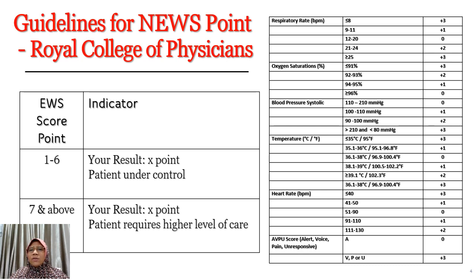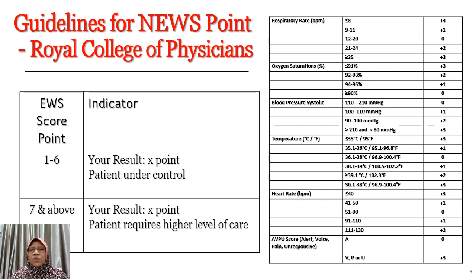So same thing with the oxygen saturation. A score of 0 is for a person having oxygen saturation of more than 96%. If less than that, between 94 to 95, the score will increase to 1. If between 92 to 93%, the score will be plus 2. And if the oxygen saturation is less than 91%, the score increases to a value of 3.